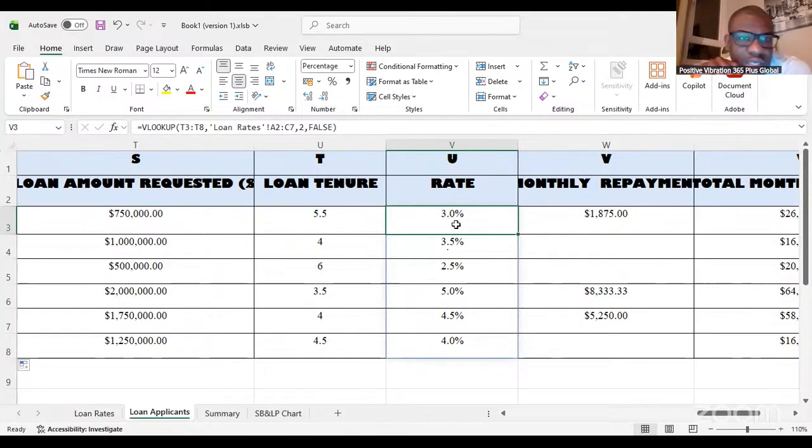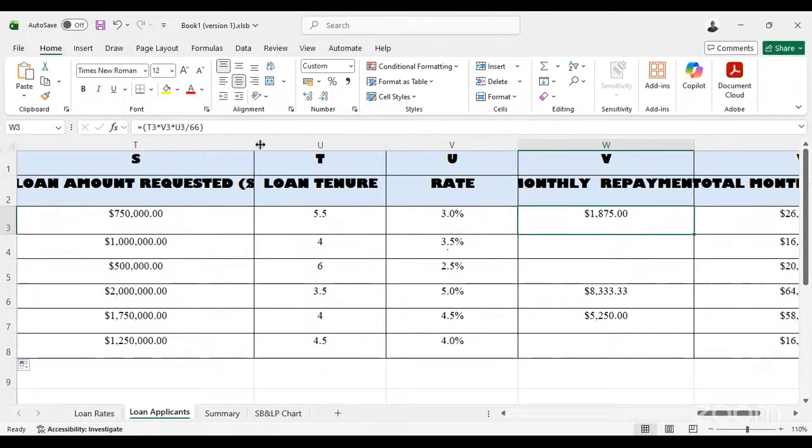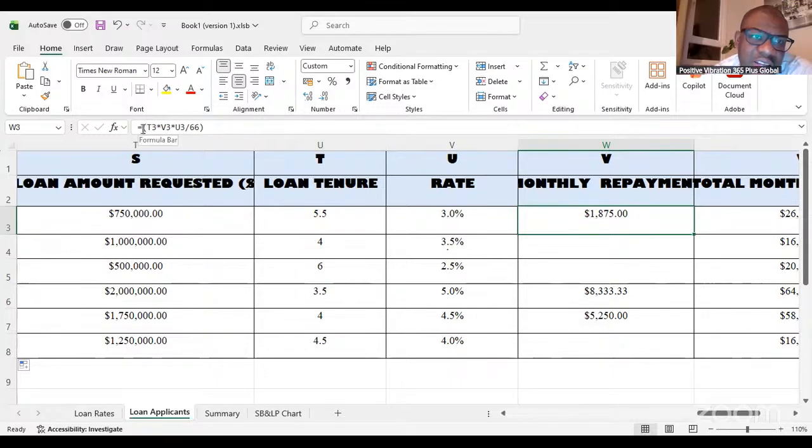Next thing now is we are going to the rates. So you have a VLOOKUP to do that. So monthly repayment. The monthly repayment is if they are approved, so that needs to be our IF function. You'll be missing a lot of points in these errors if you don't fix them.